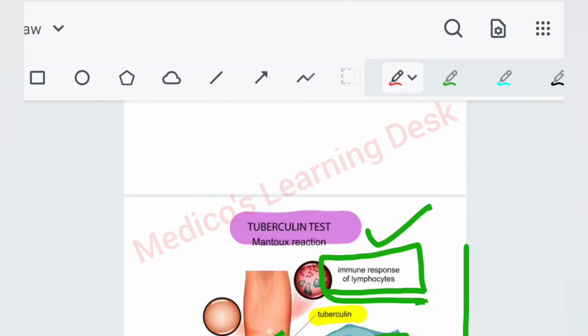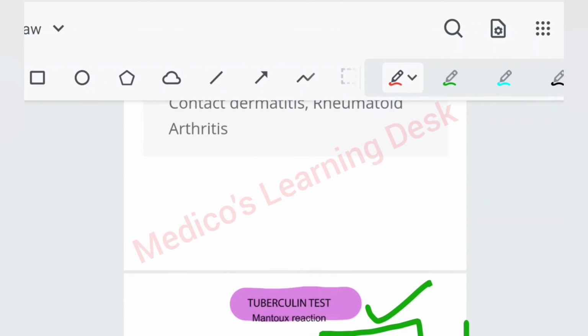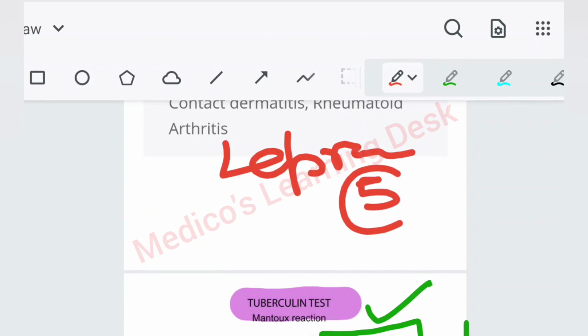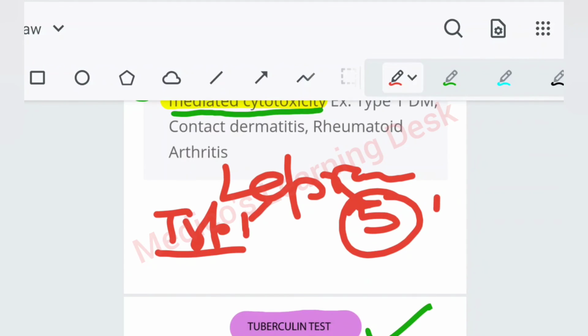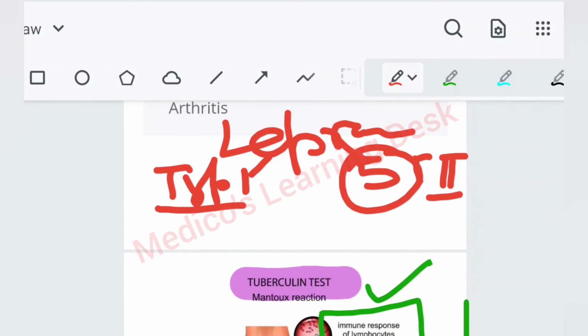Now for the lepra reaction, one mnemonic I'll say. See, lepra reactions, there will be the rule of 5. Okay, the addition should be 5. So for type 1 lepra reaction and type 2 lepra reaction, type 1 lepra reaction will fall under which hypersensitivity? Type 4.